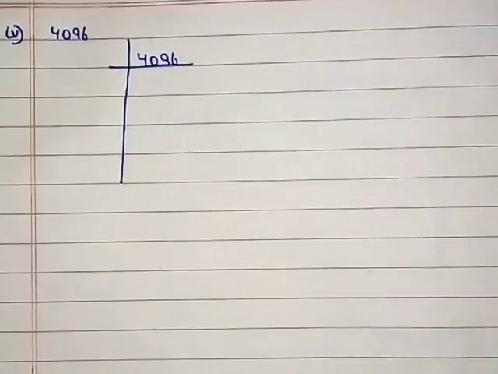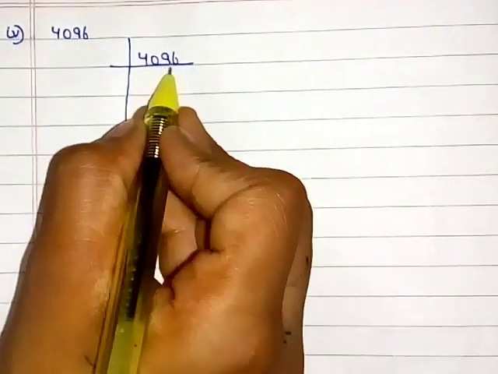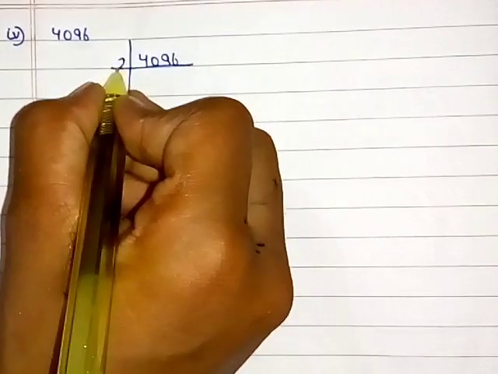Part D is 4096. 6 is an even number, so it will go on the table of 2.